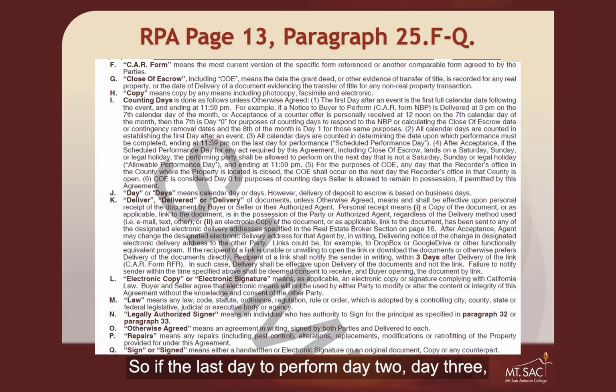So if the last day to perform, day 2, day 3, day 5, day 7, day 17, falls on a Saturday, Sunday, or holiday, we roll over to the next business day, because if you're in escrow with, say, a corporation as a buyer or a seller, they're probably not open on a Saturday, Sunday, or holiday. Okay, so that's why that language is in play.